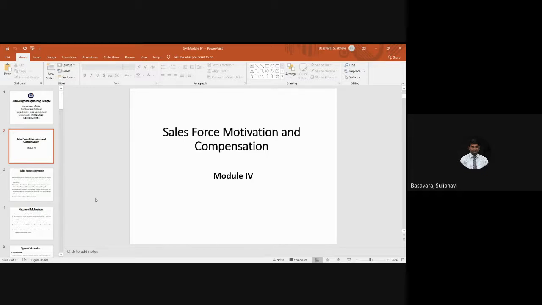In this module, we will concentrate on how a sales team or an individual salesperson gets motivated, and what principles or strategies can be adopted by a sales manager to get a highly motivated team performing better in achieving the targets given to them.